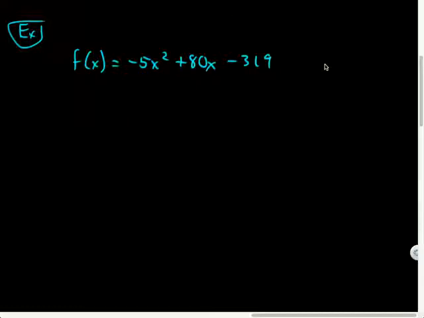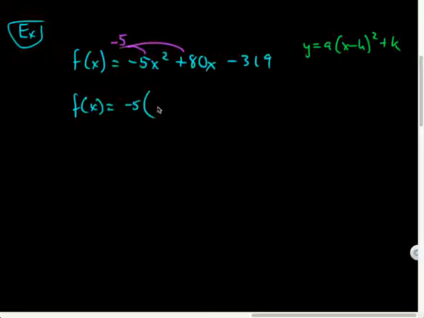So I want this in vertex form. What is vertex form? You guys have it all memorized right now. Y equals a parentheses x minus h squared plus k. Remember, it's the opposite of the h there. So I'll factor out the a, negative 5 here. So I'll get f of x equals negative 5 parentheses x squared times what?